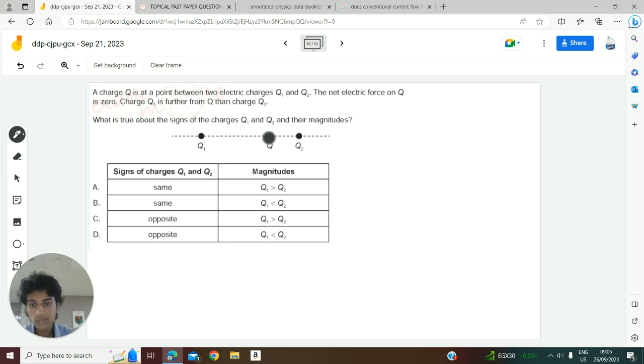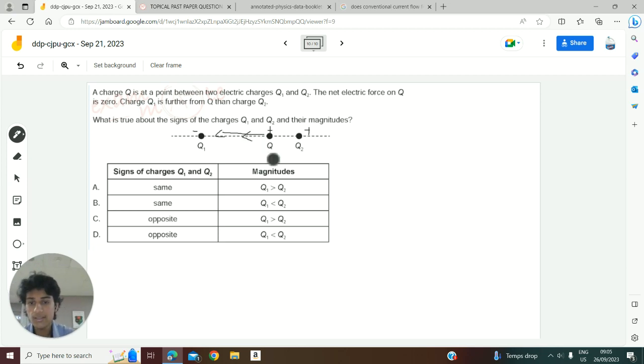So straight away with this question, we can assume that the signs of Q1 and Q2 are the same because let's say we had an opposite charge. Let's say this was negative, this was positive, and this was, let's say, positive as well. It doesn't really matter. Then this would be attracted this way, opposite charge, and this would also be repelled.